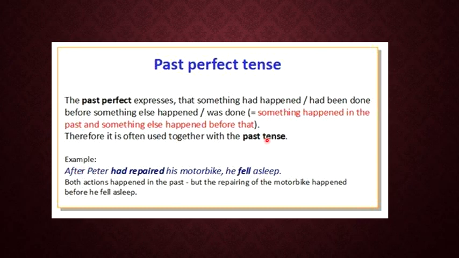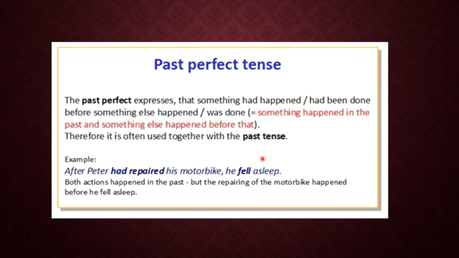There are many ways by which we can say this. Like Peter had repaired his motorbike before he fell asleep. Okay, we can also say after Peter had repaired his motorbike, he fell asleep. So there are different ways of saying the same thing. But tense is fixed. The action which will happen first, that action will come in past perfect tense.